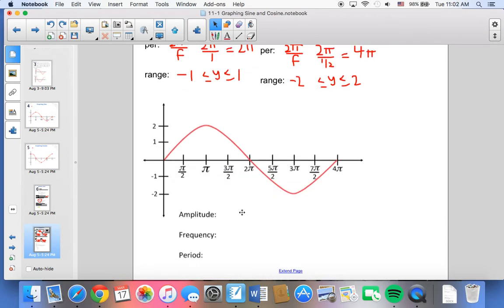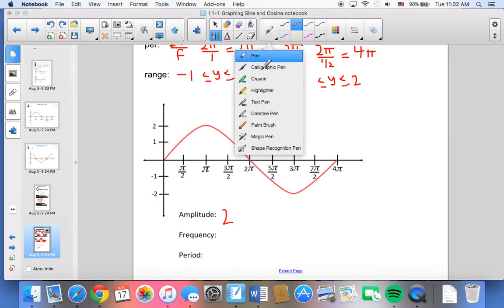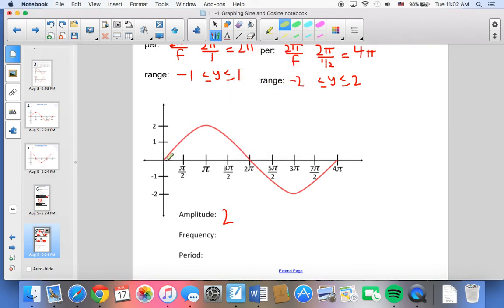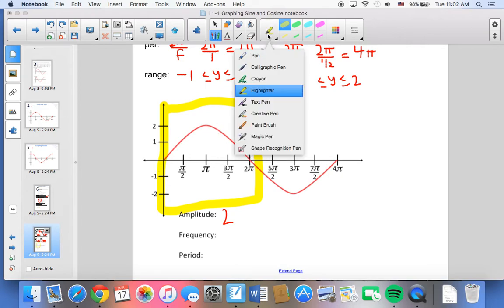And then this last one, your amplitude is 2. Your frequency, how many cycles do I see from 0 to 2 pi? Again, that's the definition of frequency. It always takes a little bit of getting used to, but we will. If I look from 0 to 2 pi, I only see half of a cycle.